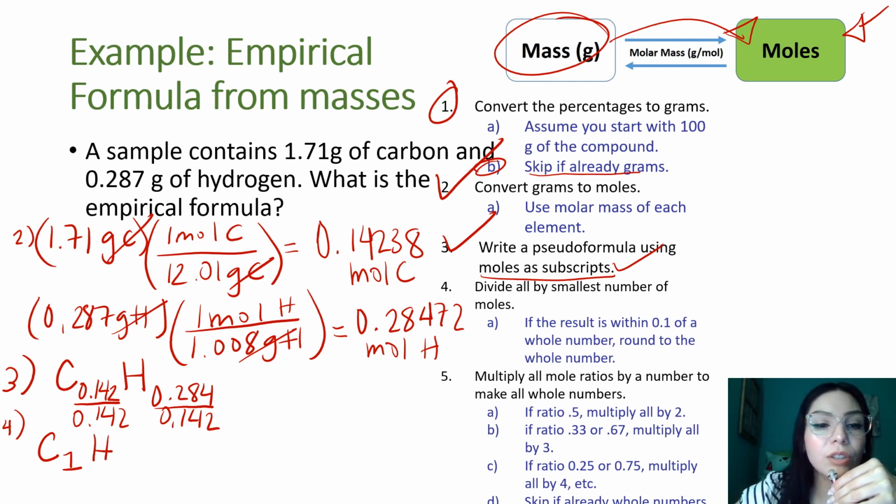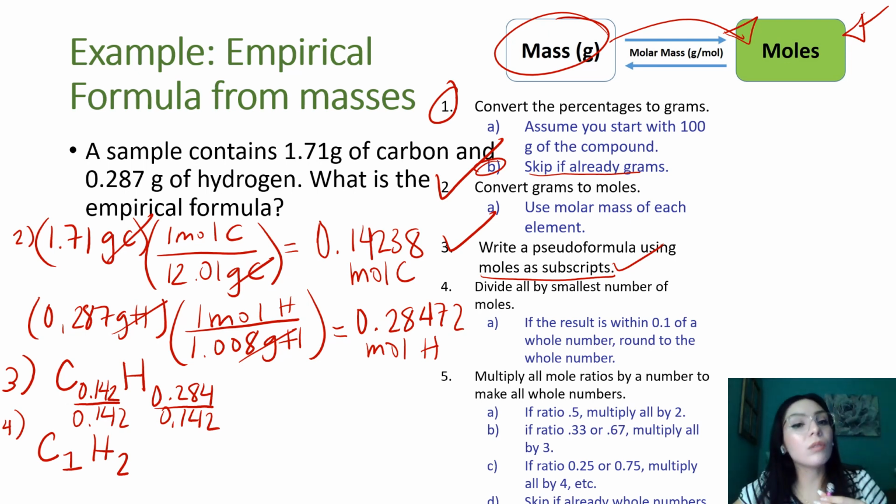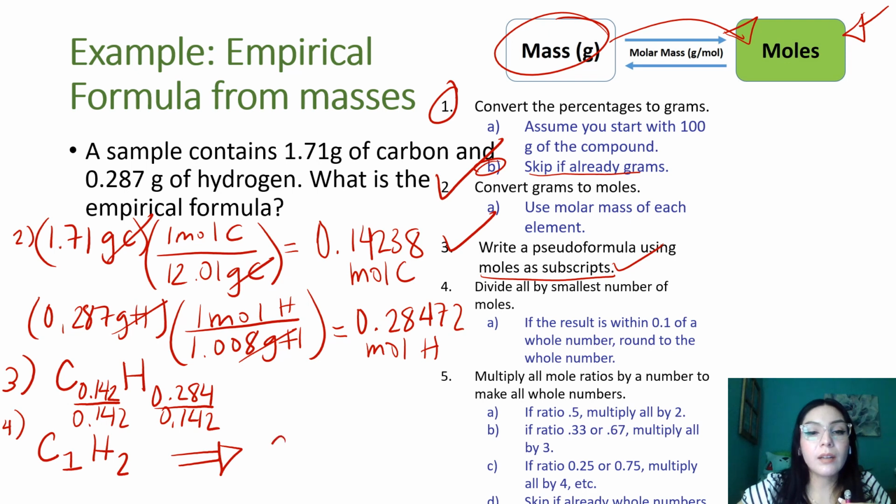And then for hydrogen, when you divide that out, you get 2. If your result is within 0.1 of a whole number, you round. In this case, we got exactly a whole number, so we're done. And this is our empirical formula, and a better way to write it is just CH2.